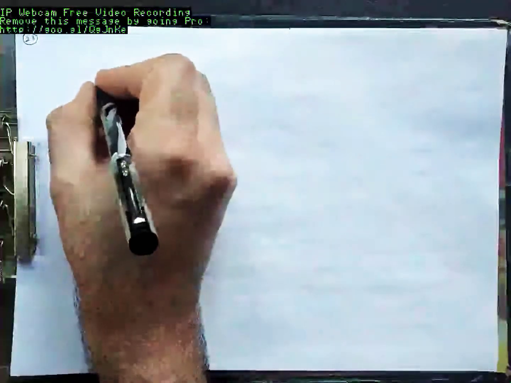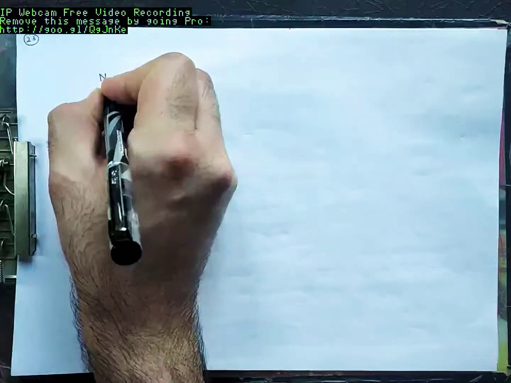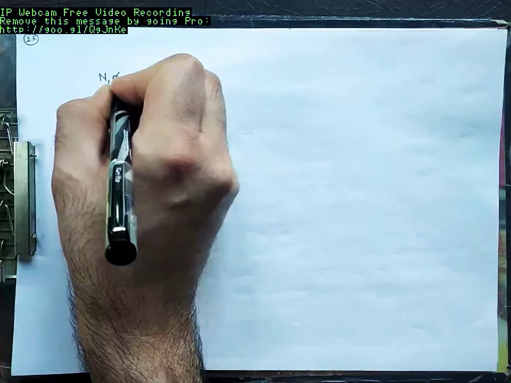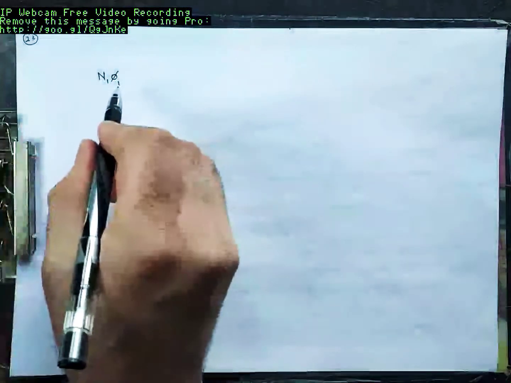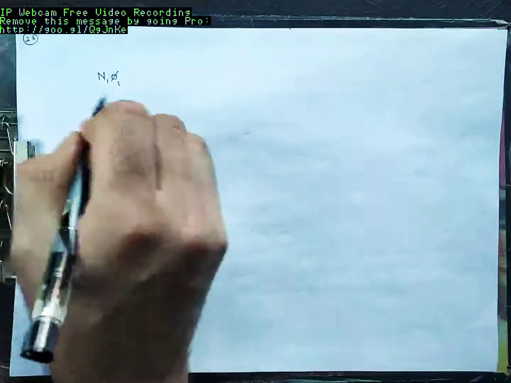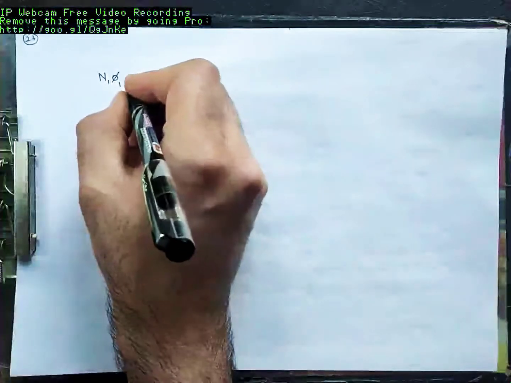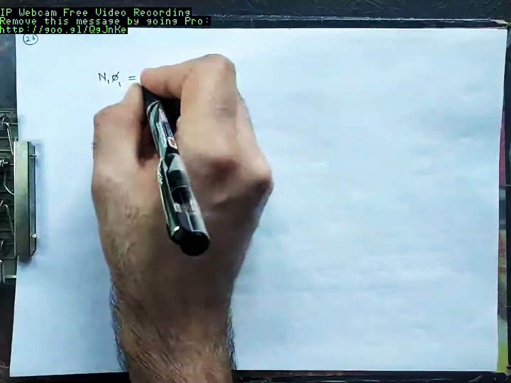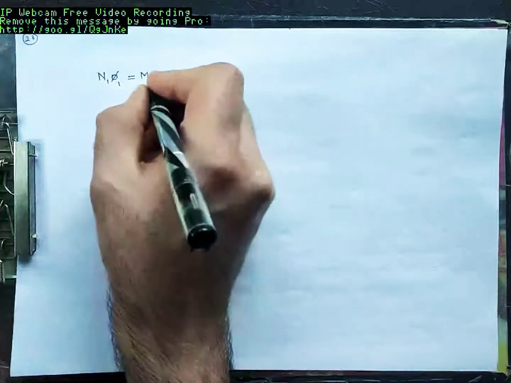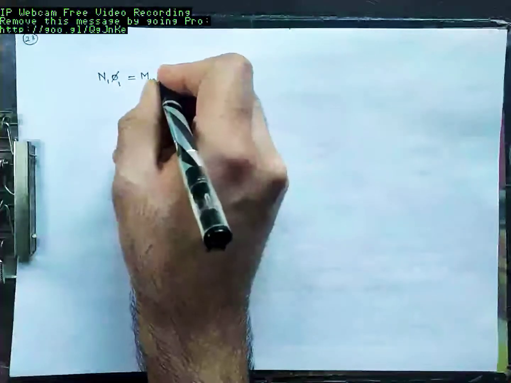First one is the definition of mutual inductance: N1 phi 1, that is the flux passing through coil 1 into the number of turns of coil 1, that is the total flux passing through coil 1, is equal to a constant M12 into the current I2 flowing through coil 2.